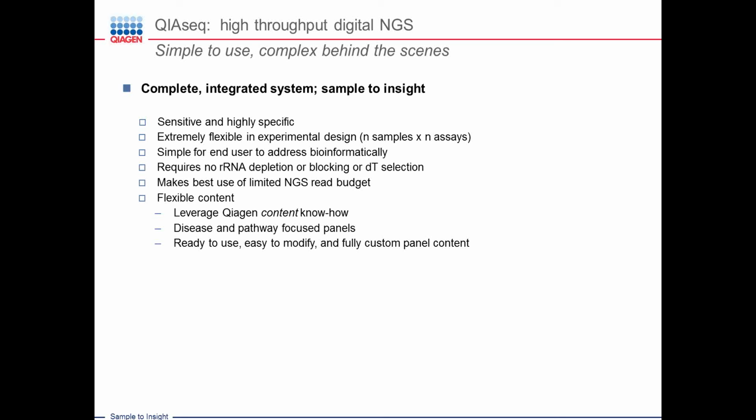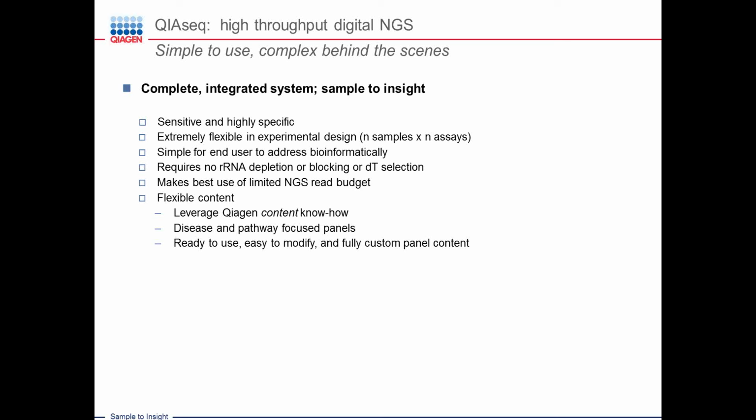And some of the features of this integrated solution is that it's sensitive and highly specific. We're extremely flexible in experimental design, and we can help guide you in thinking about your experiments and what machine you have in terms of how many samples and how many assays you're multiplexing together on your instrument.